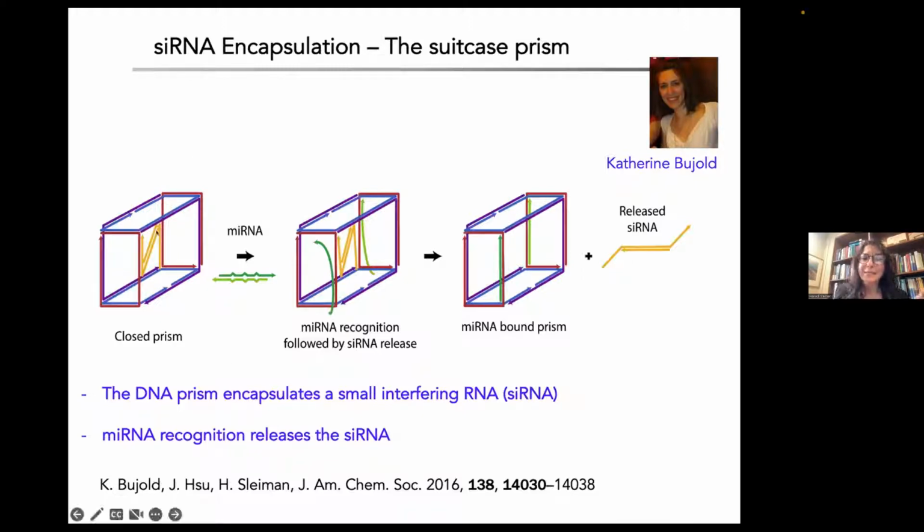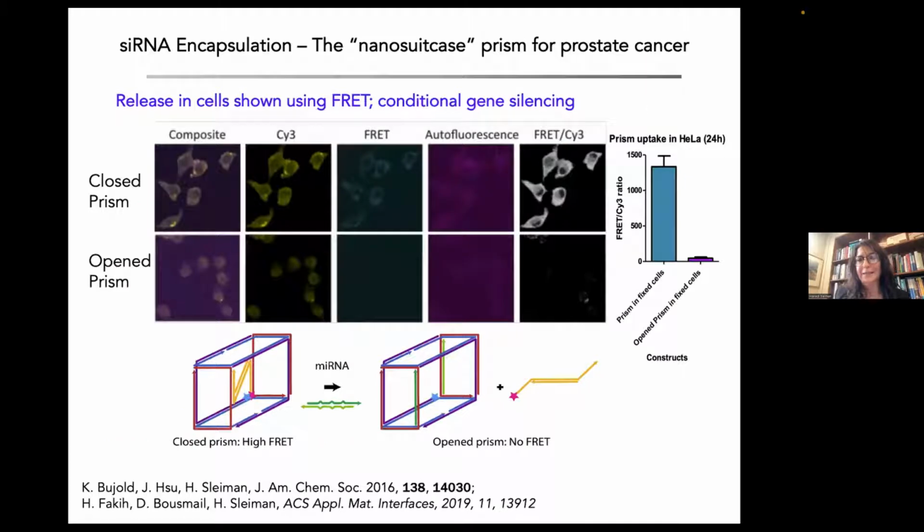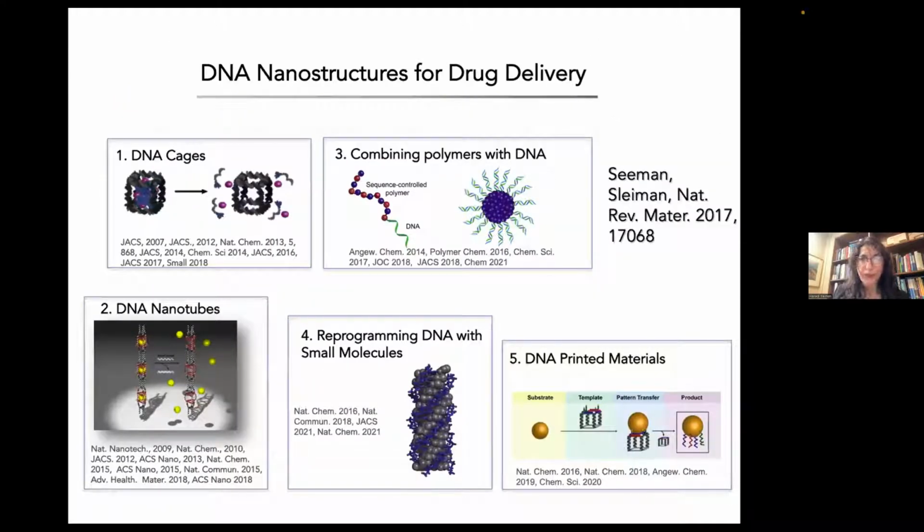But if it goes in cells that carry specific microRNAs, these microRNAs again are going to cause strand displacement of these two sides right here, kicking out the siRNA, at which point this siRNA can undergo gene silencing and can basically do whatever action that it needs to do. So conditional drug delivery vehicles using DNA nanostructures are possible, and may find nice applications actually for very targeted drug delivery. Okay.